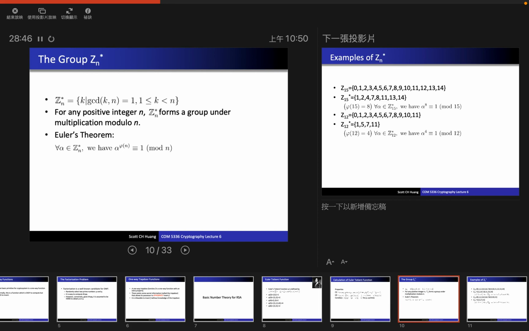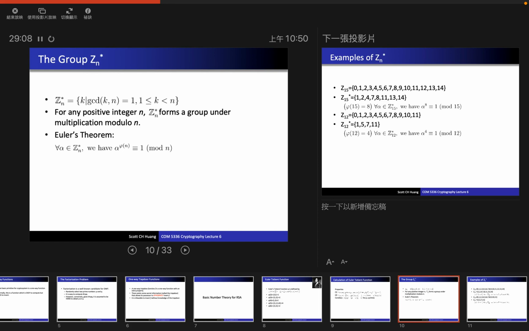So in other words, if we just pick any element, we call this element alpha. So let's see, we start from the element 1, and then we multiply by alpha, and then we multiply by alpha squared, alpha cubed, and so on and so forth.